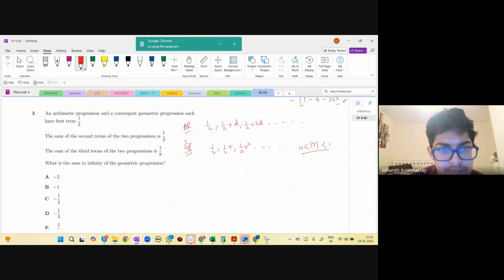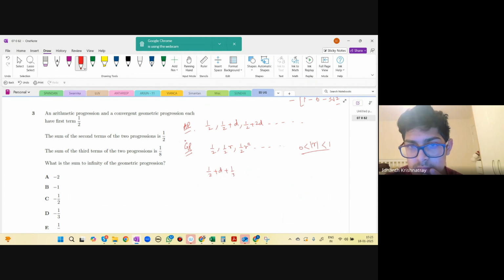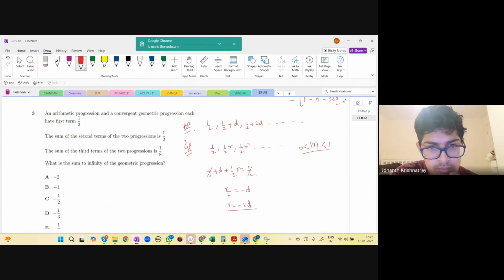This is the condition. So sum of second terms of the two progressions is half. That means half plus D plus half R is half. So half cancelled. That means R by 2 is minus D, or R is minus 2D.